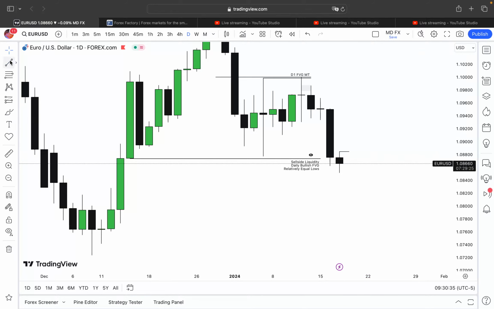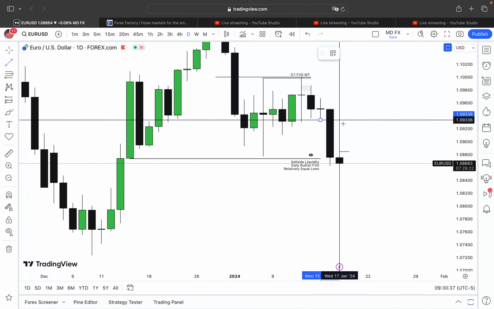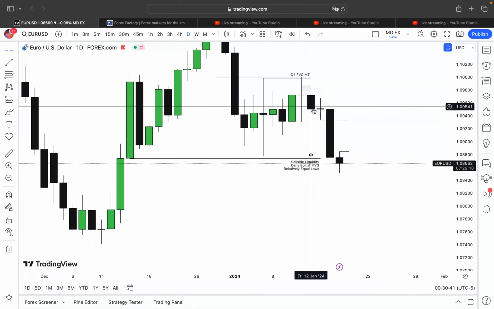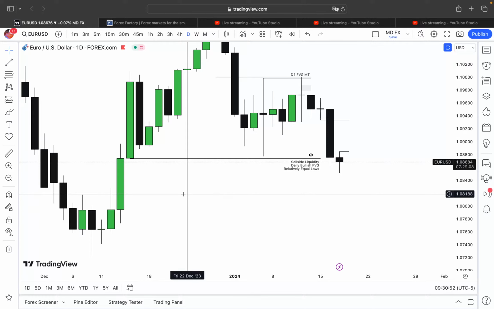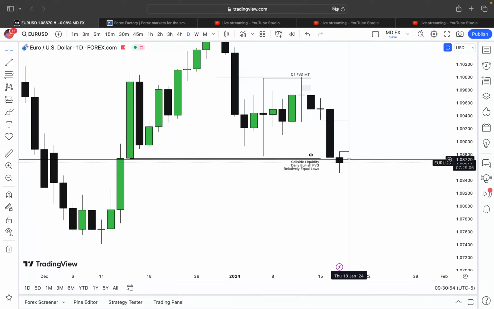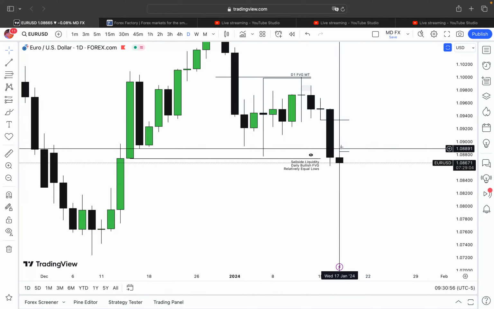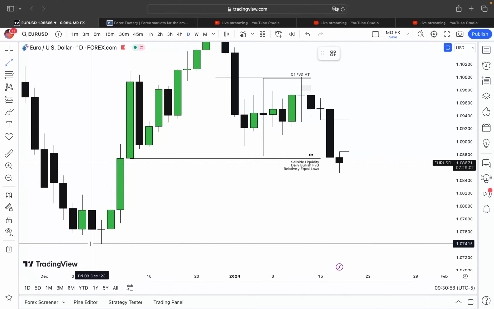Then we get a fair value gap right here, and then that's what we work with. So it is either that, or the chart just sells downward from there.